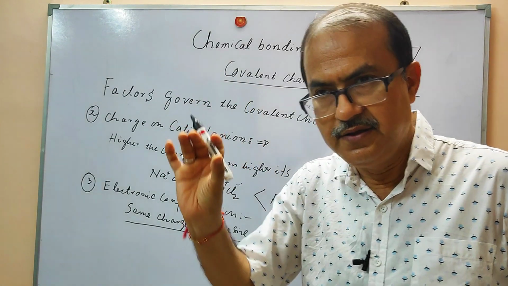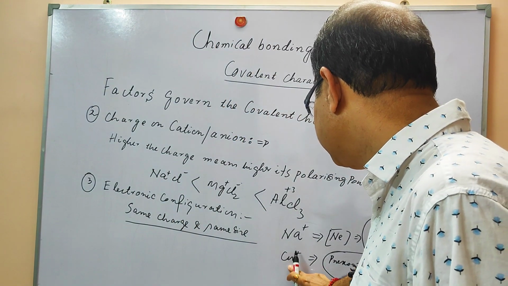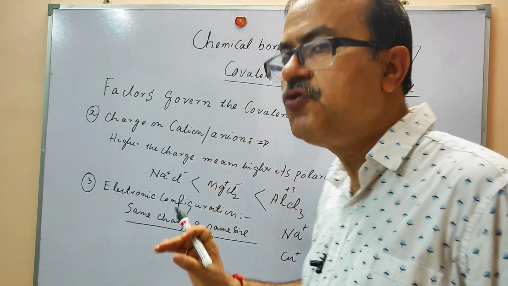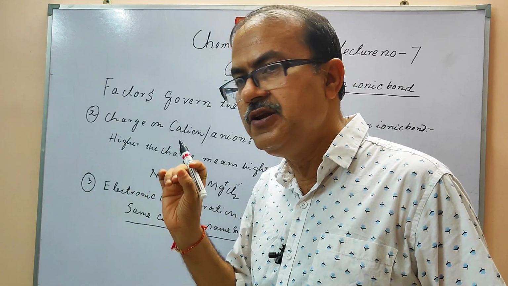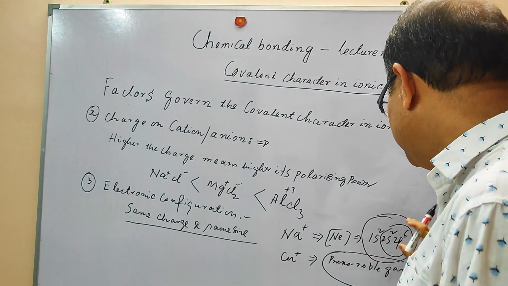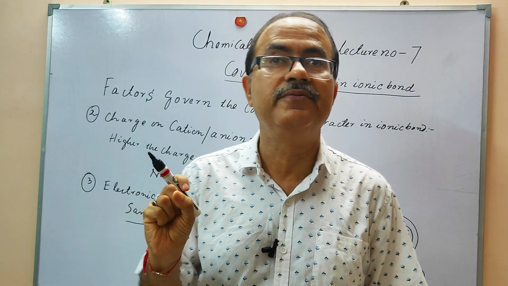If you look at the electronic configuration of Cu plus, you will find in the outermost shell there are 18 electrons, and due to these 18 electrons it will have a higher polarizing power.